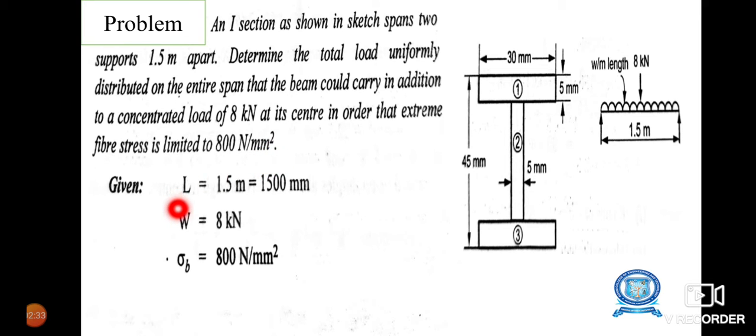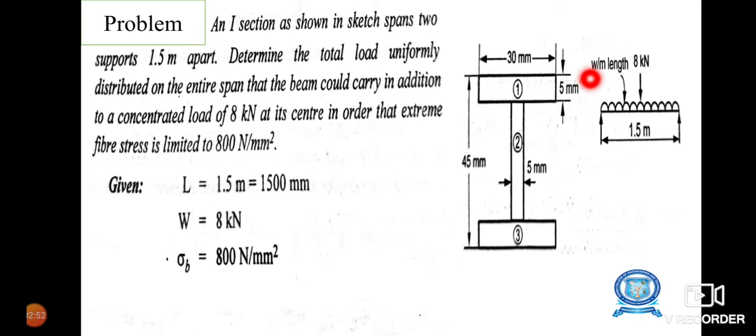So the given length L is equal to 1.5 meter, converted to millimeter by multiplying with 1000, so 1500 millimeter. W is equal to 8 kilonewton. Bending stress sigma B is equal to 800 newton per millimeter square.